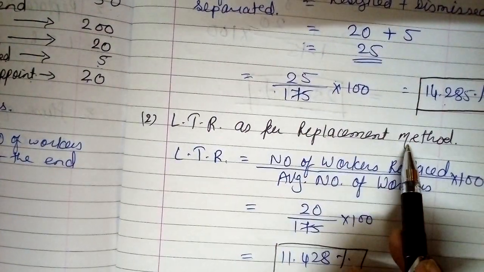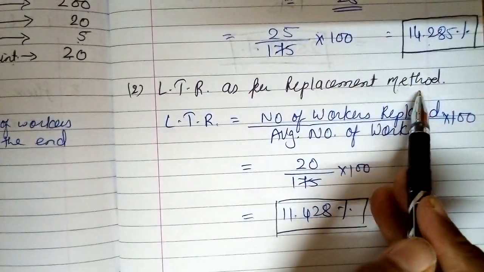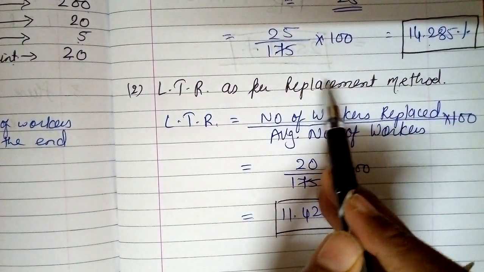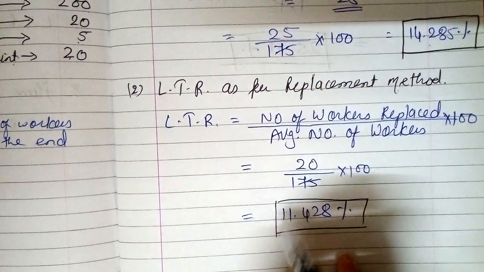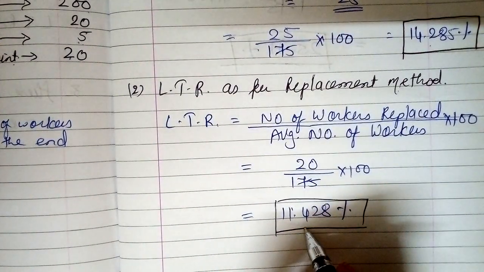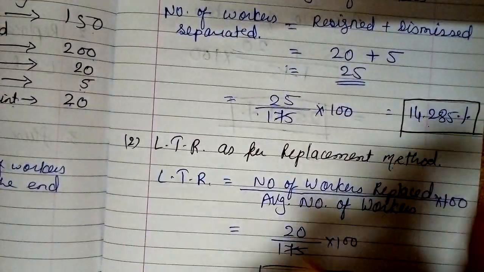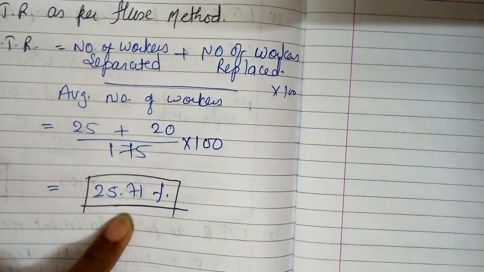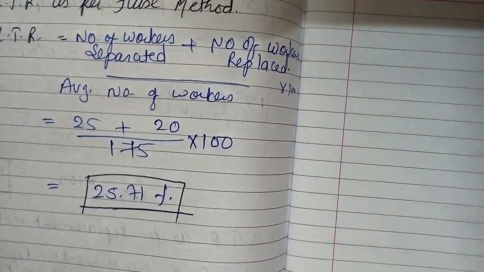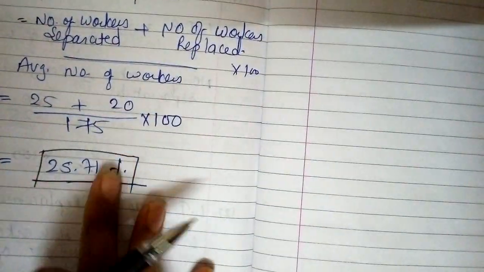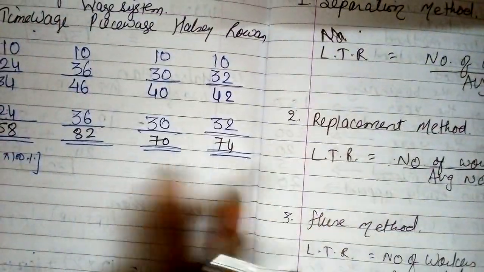This is in ratio because replaced, they have recruited, they have got the recruitment. So in ratio 11.42, out ratio 14. So overall in and out both ratio will be 25.71, right?